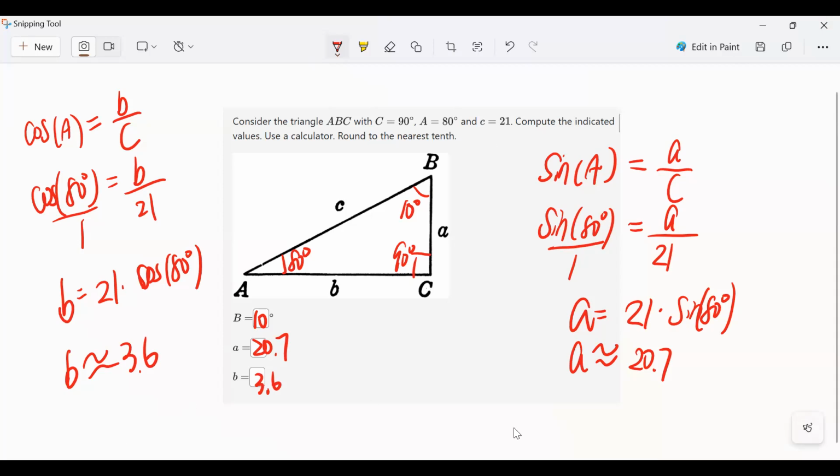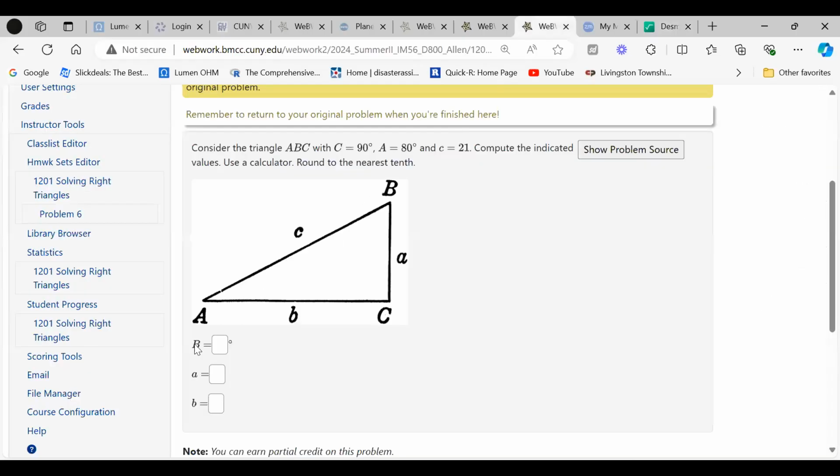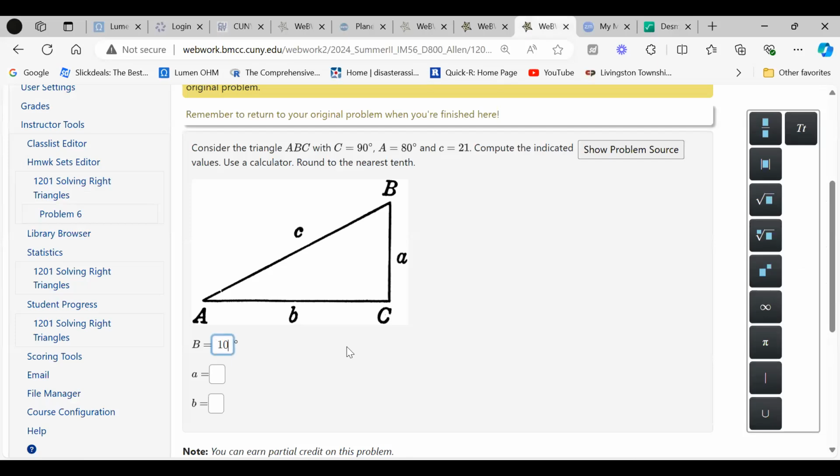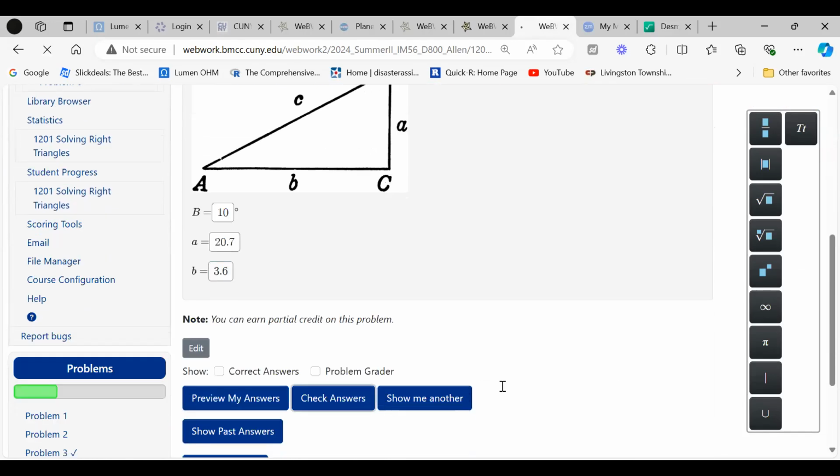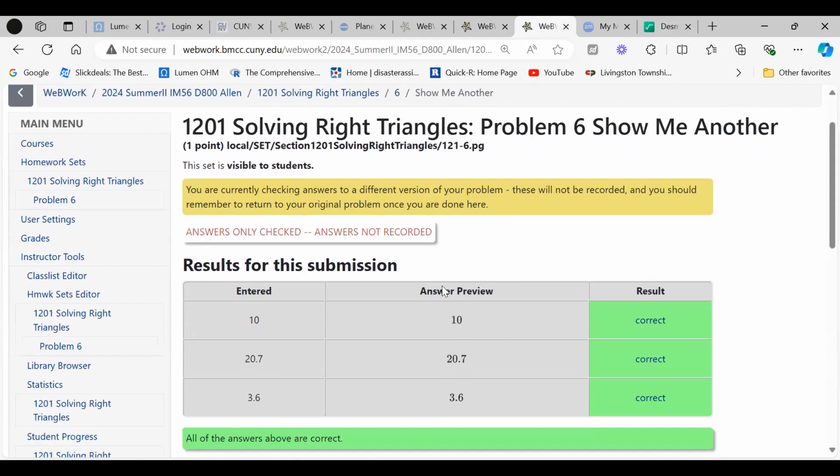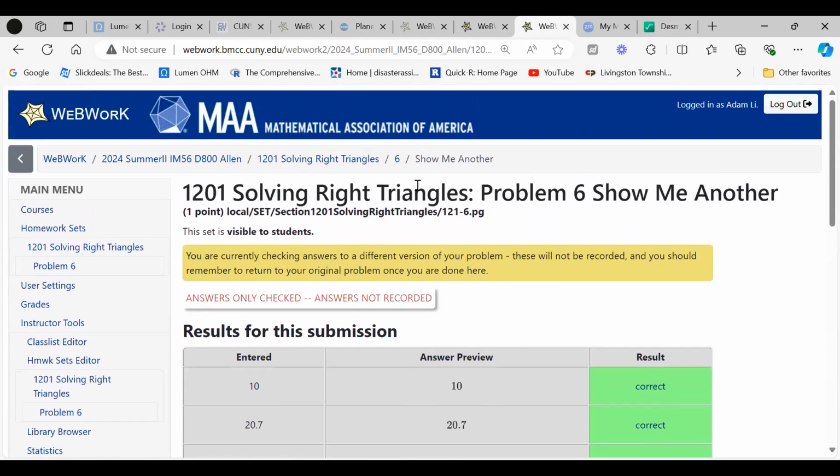Okay, then let's go back to my solution in the workbook. This is the 10 degree angle. And A is 20.7, B is 3.6. Okay, any question about this? Yeah, it's all correct answers.